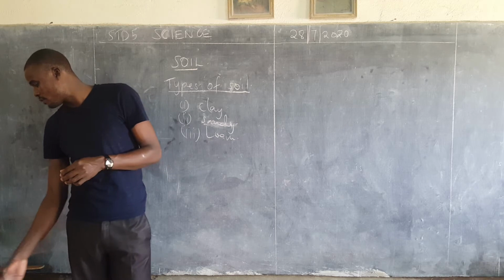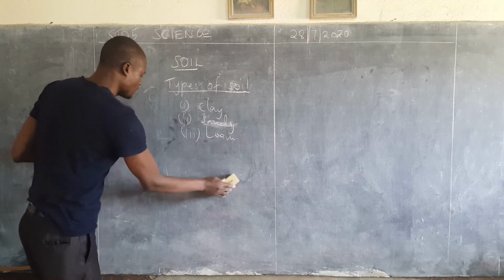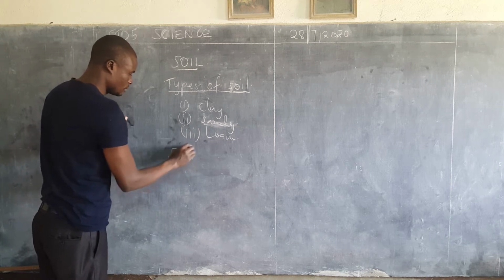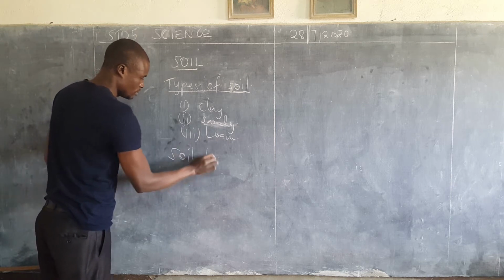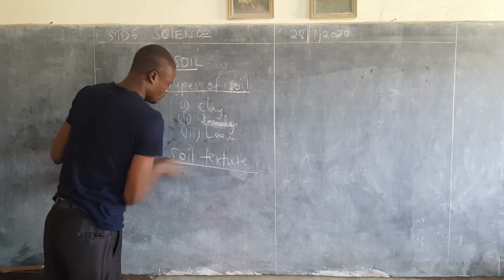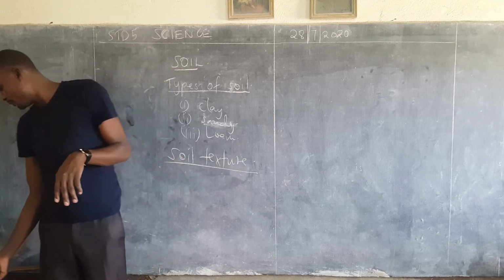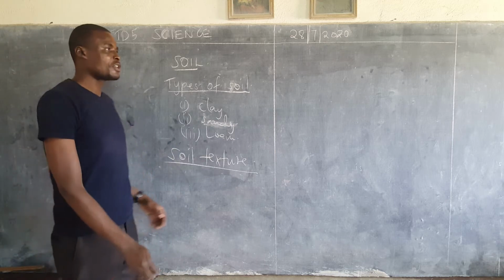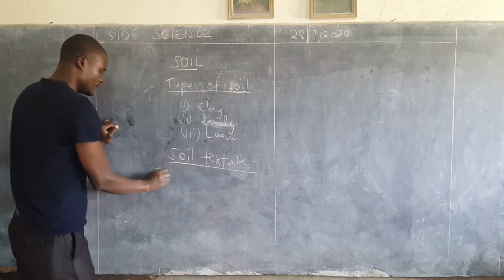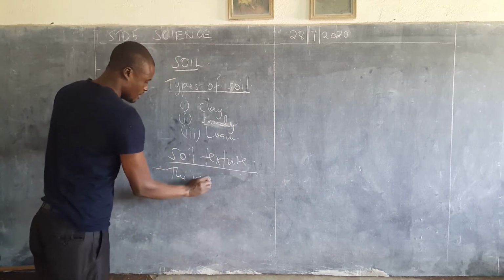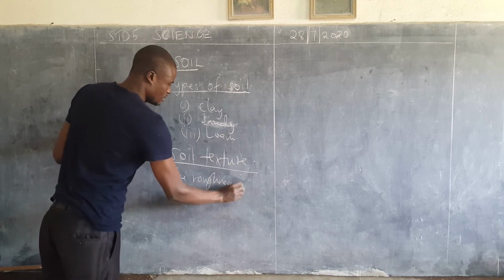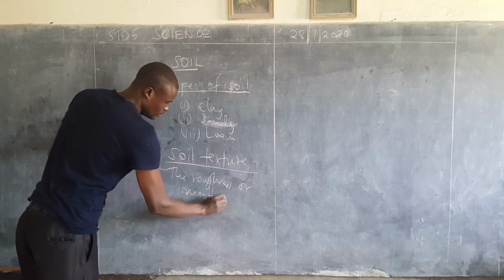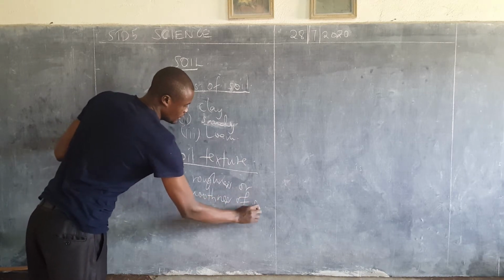So let us go to soil texture, and see what we are going to see under soil texture. What is soil texture first of all? Soil texture is simply the roughness or smoothness of soil.